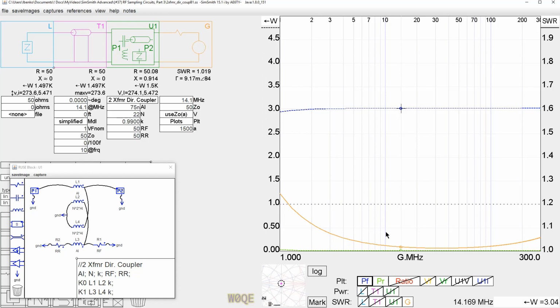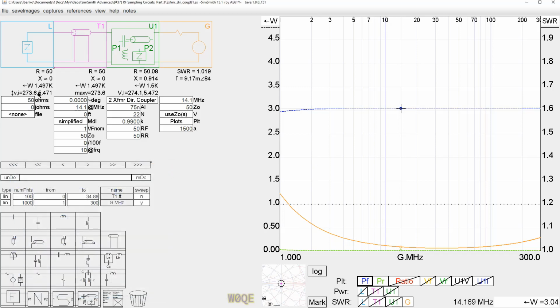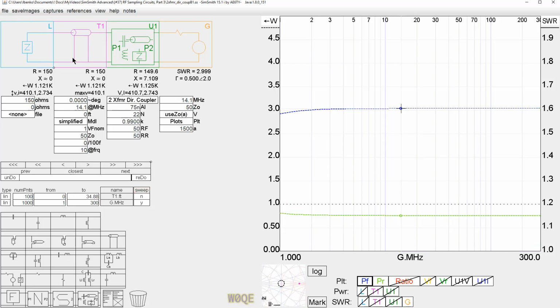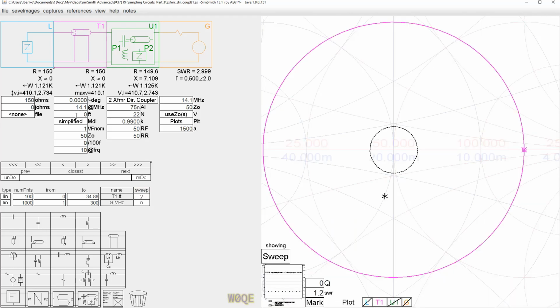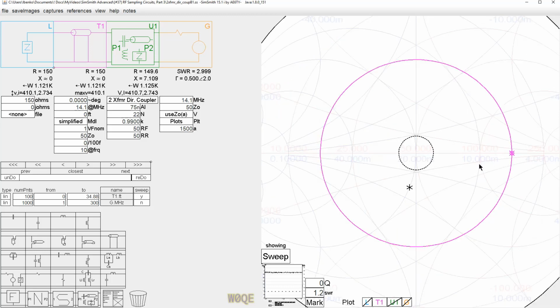But there's some other things going on with this circuit that are kind of interesting, and it's true of the other power circuit, the Bruni circuit also. And that is, if we set the SWR here to say a 3-to-1 SWR, and we sweep the length of the transmission line from 0 to half a wavelength, we see that right here we have a very nice 3-to-1 SWR.